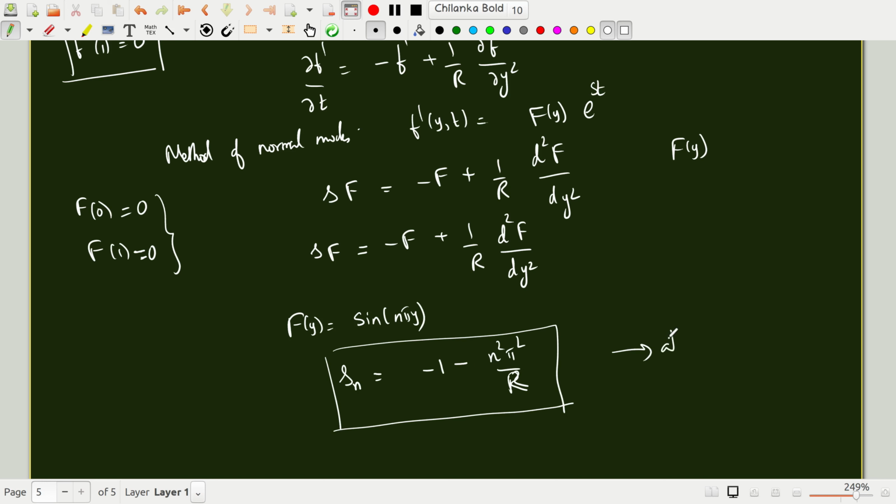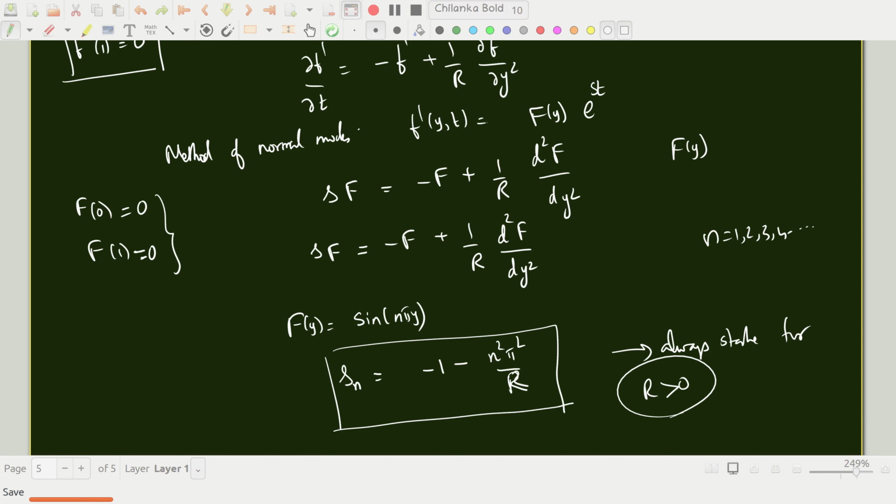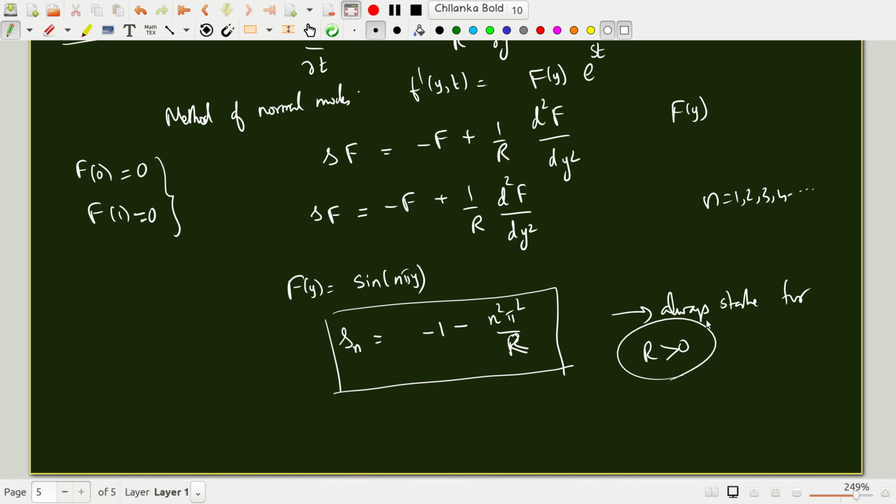This is always stable for positive r. If r is assumed to be a positive number, and of course n is 1, 2, 3, 4, okay. Of course, if r is negative, then it's another matter. You can say that negative of negative will become positive, and this can become unstable. But if r is some physical parameter that's always greater than 0, then this is always stable.